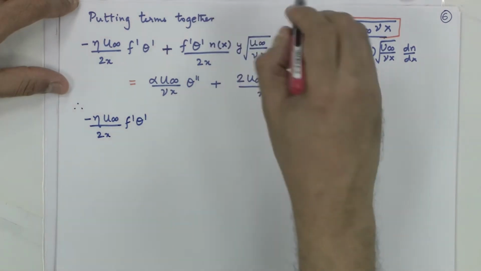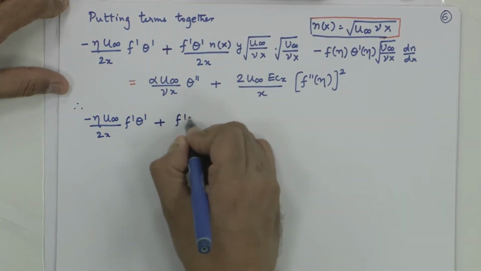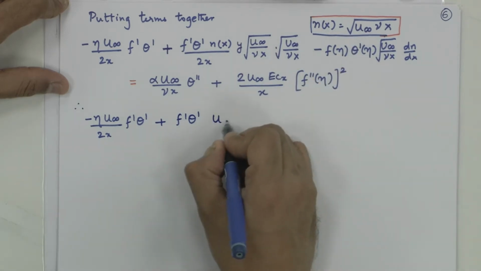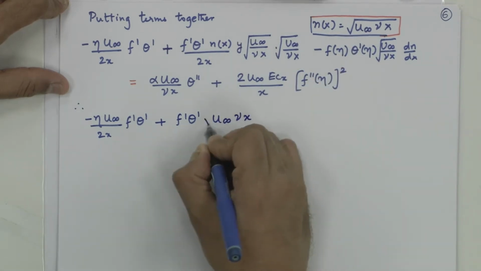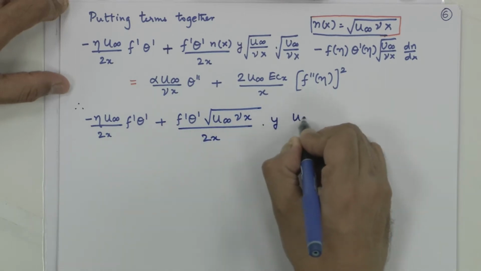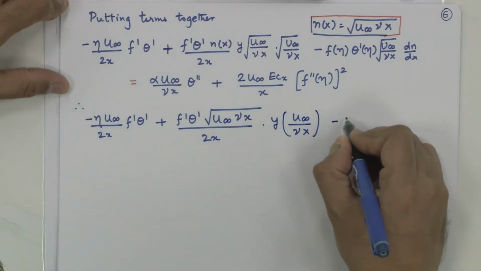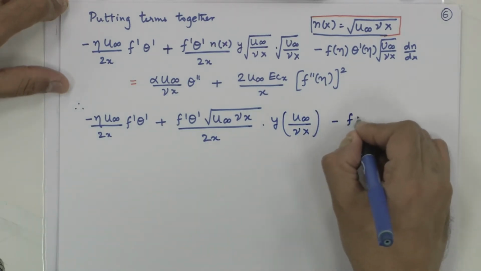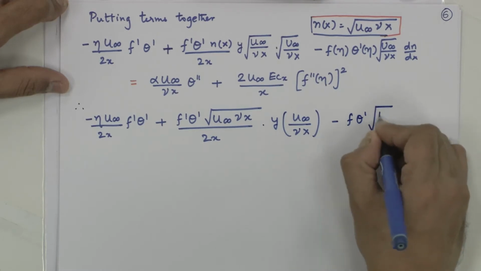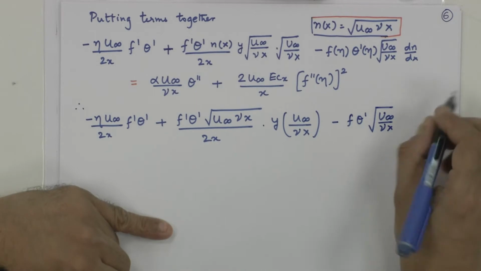Okay, I can write this as f prime θ prime, n of x is root of u infinity by nu x, by 2x, y root of u infinity by nu x as it is, minus f θ prime root of u infinity by nu x d eta dn by dx.